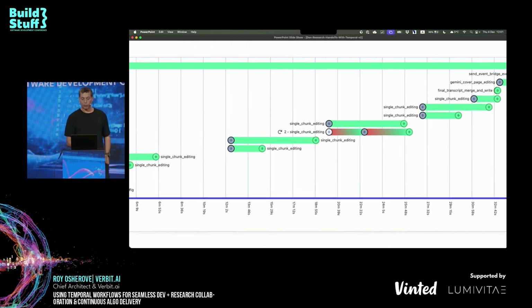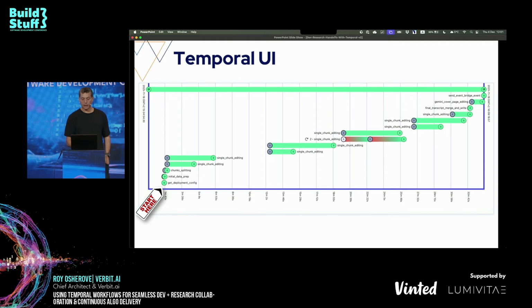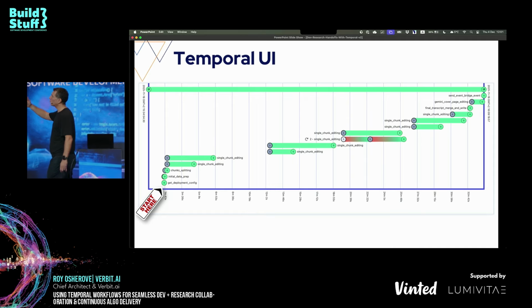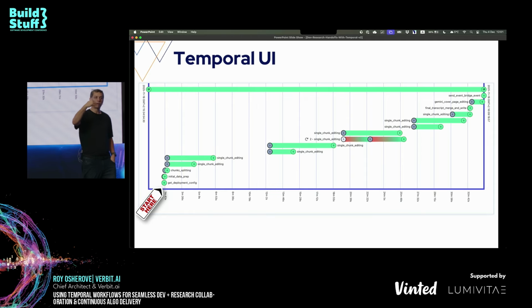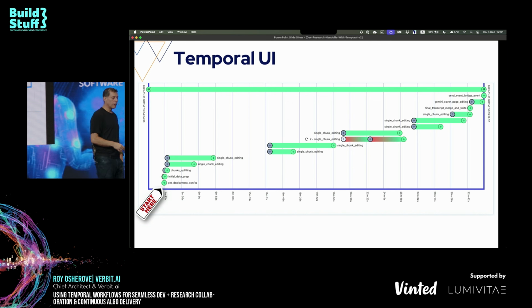In the previous version of this algorithm, the entire algorithm was just three different activities: configuration, do the thing, and then save the result. So there was one huge activity that took a long time with zero visibility, and we split it up and created a sliding window that runs multiple activities in parallel.